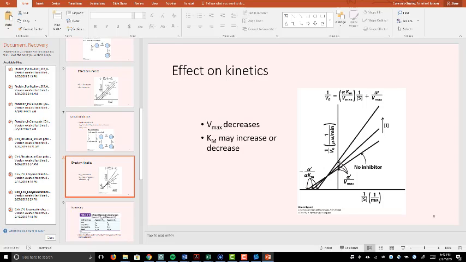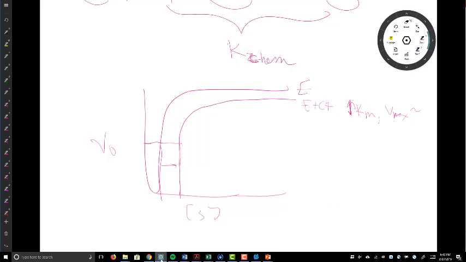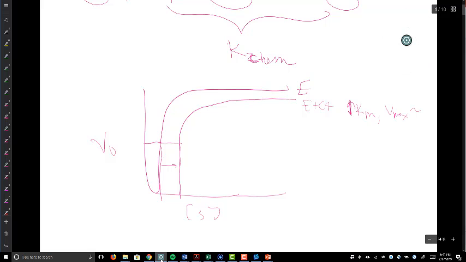Okay. Now, if we were to draw these as substrate saturation curves, so we've got competitive. So if we were to have uncompetitive, what happens to the Km for uncompetitive? Okay, so the Km decreases, and then what about the Vmax?